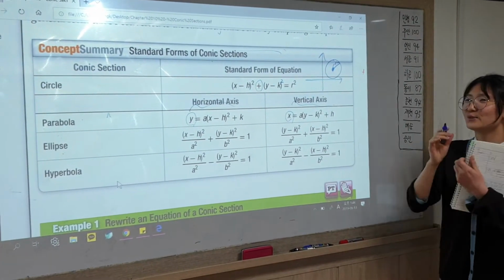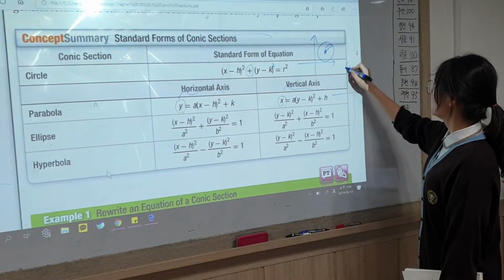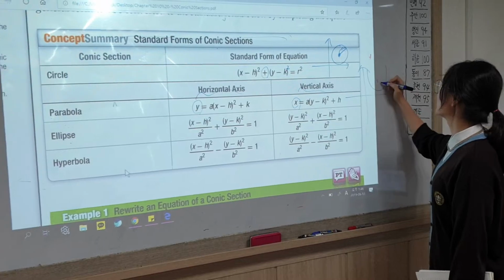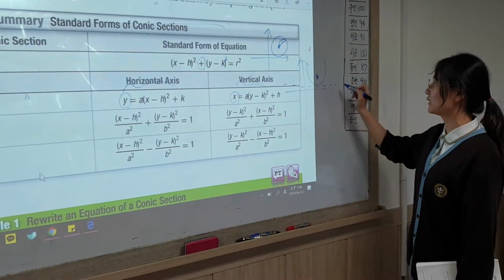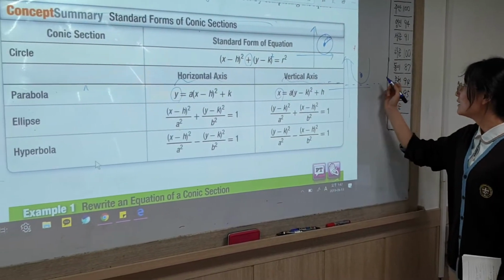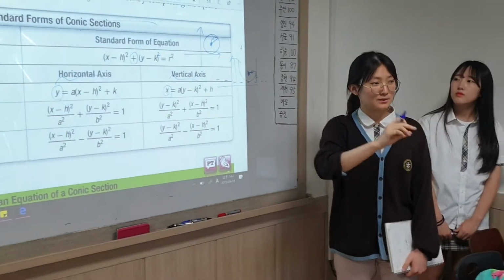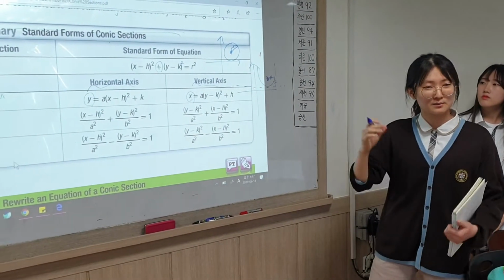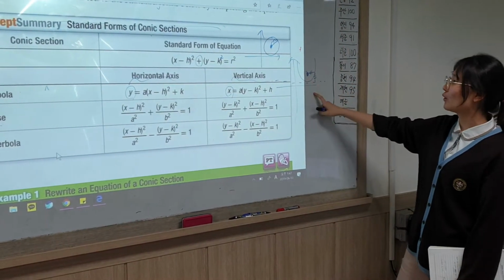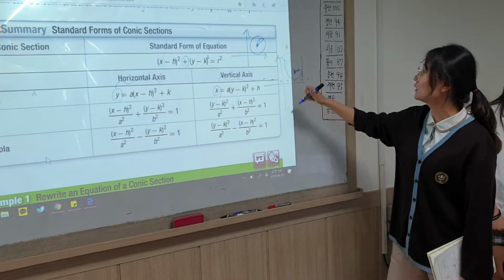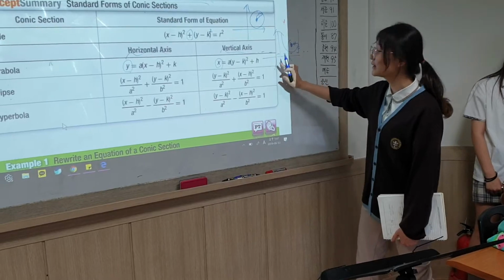A brief summary for the parabola: there will be a focus, and there's always going to be a directrix at the bottom of this parabola, and the distance from the focus to the directrix from any point is going to be the same. This is the drawing for the horizontal axis, and the vertical axis will be like here and also here.